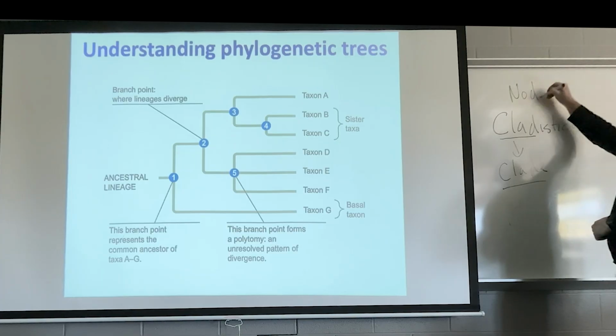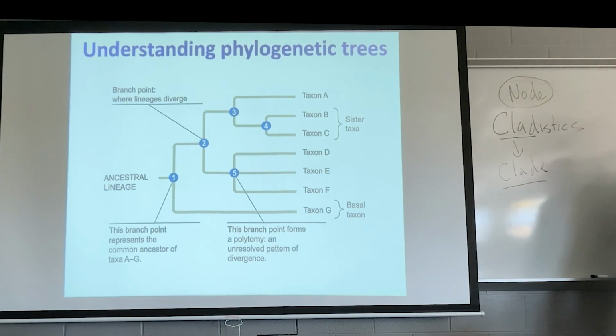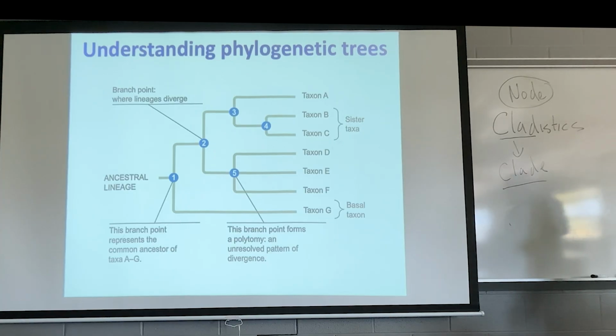All right, so that's a node, or a place where two lines diverge, and this represents the common ancestor on a tree. So you can see here we have 5 common ancestors on this particular phylogenetic tree. And as they branch, that means this common ancestor gave rise to these 2 branches.